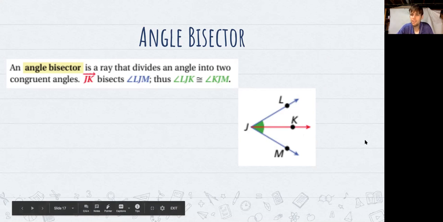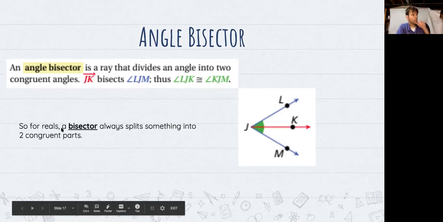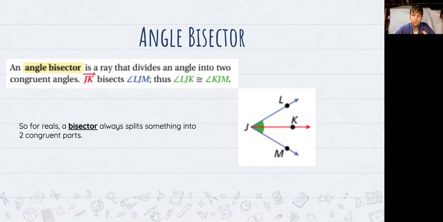There's a lot of different relationships that we can set up that involve bisectors that are slightly different than just the angle addition postulate. When we say the word bisector, we always mean dividing into 2 congruent parts, whether we're bisecting a segment or we're bisecting an angle.